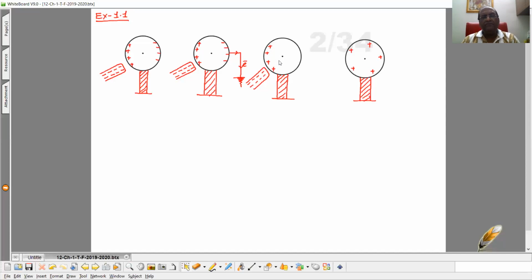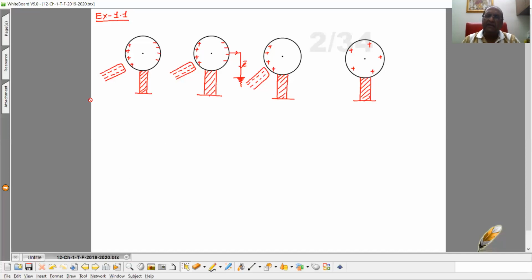So now, on this particular sphere, there is excess positive charge. Now remove the plastic rod. So redistribution of charges will take place, these charges will be uniformly distributed, and finally the sphere will be positively charged.